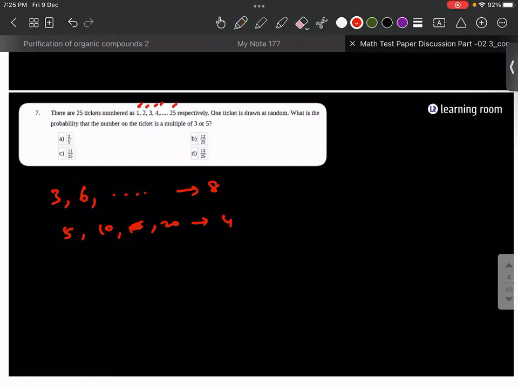But the answer is given as... See, when they say 3 or 5, they didn't say 'and', they said 'or'. So you have to add both the possibilities, right, sir? You have to add. So the answer is 12... 13 by 25 is the answer. How will it be 13? Because 15 is already included, and 25 is also there.